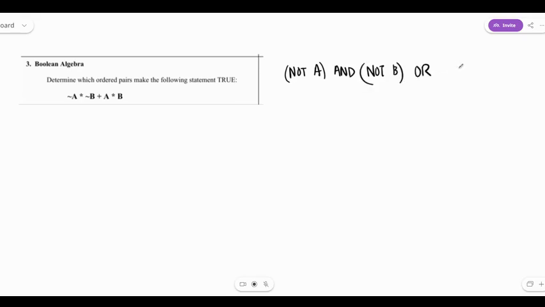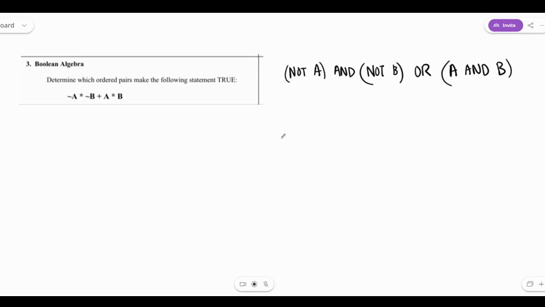or A and B. And you kind of see that order of operations will make it like this, where multiplication takes precedence over addition and the tilde takes precedence over multiplication.